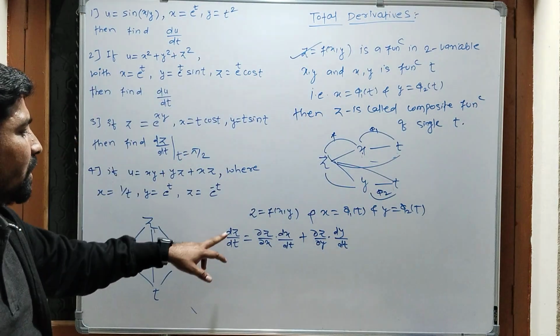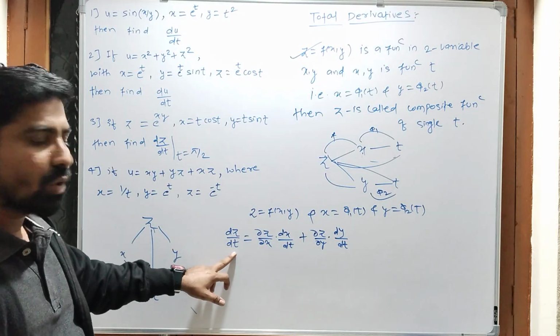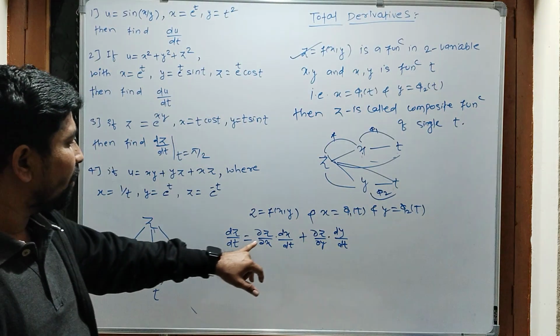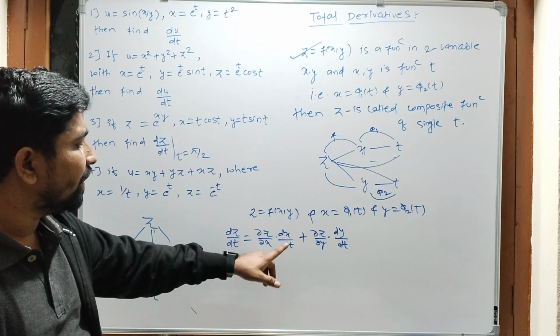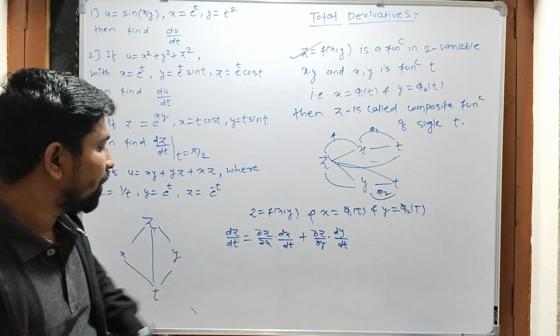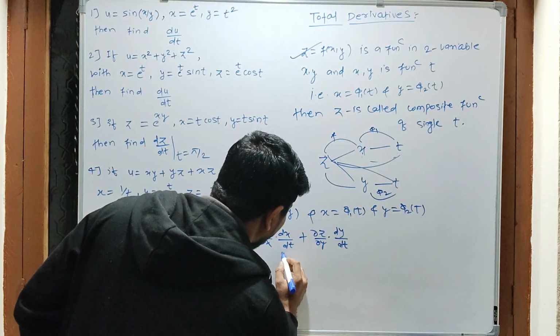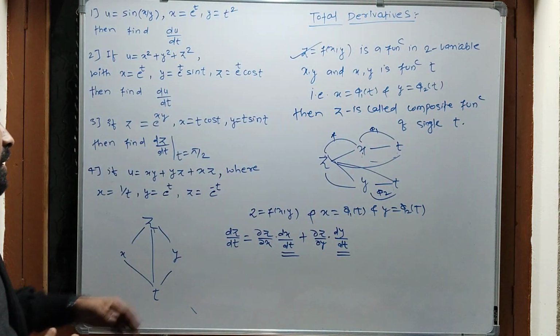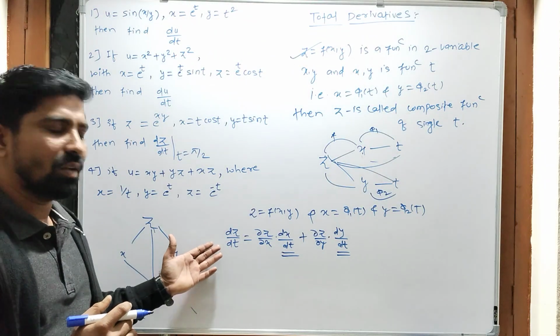So here total change in z because of t depends on total change of z through x, and this is dx/dt, this is the change in x and this is the change in y. So let's say this is the performance of a student.